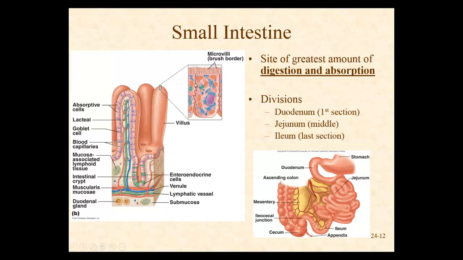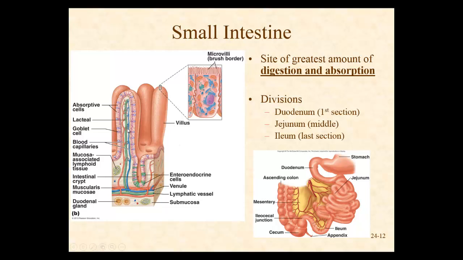So these villi, as well as the microvilli on the individual cells of the villi, all increase surface area for absorption. And these microvilli we call the brush border because these cells secrete enzymes to further help digestion. So we have what we call brush border enzymes that line the simple columnar cells to help further the digestive process.